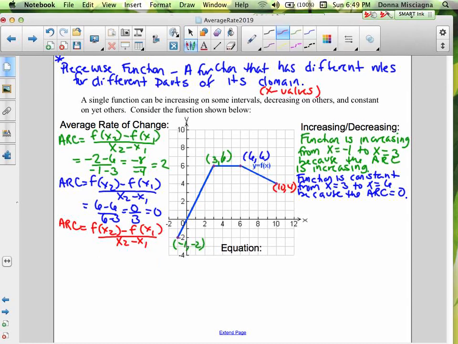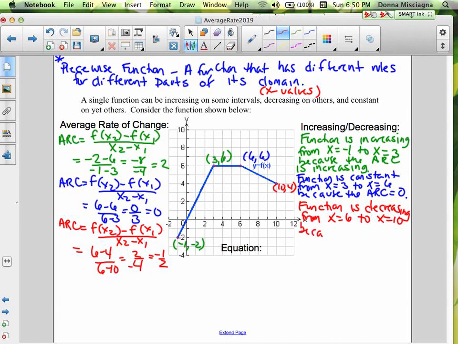So that would be 6 minus 4, the y values, over 6 minus 10. That's going to be 2 over negative 4, so that would be negative 1/2. So the function is decreasing from x equals 6 to x equals 10 because the average rate of change is negative.